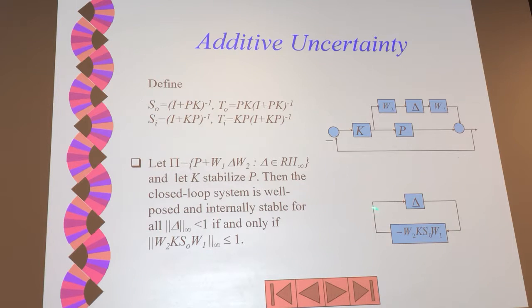So then what are you going to do? You know the size of this one is less than 1. According to the small gain theorem, the norm of this should be less than 1, if and only if. Okay? So this is our uncertainty set.